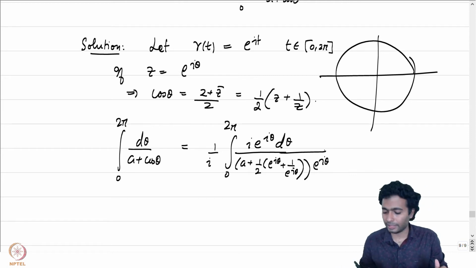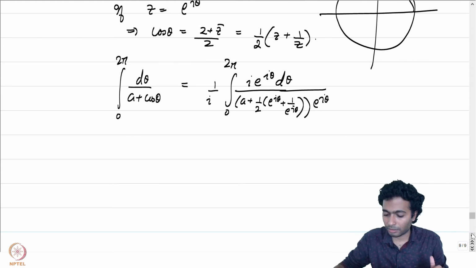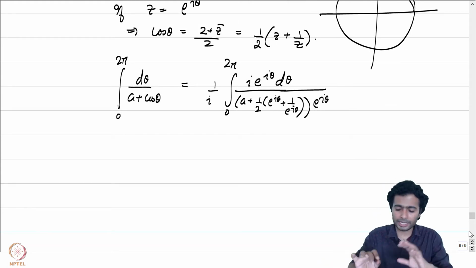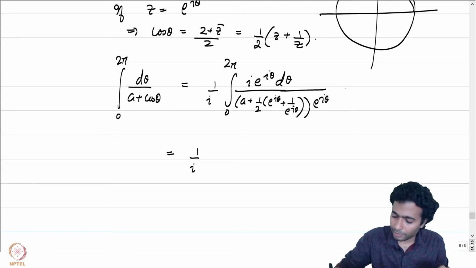So, this is precisely rewriting by multiplying and dividing certain terms. The idea is to write this as, maybe I should write that as well.